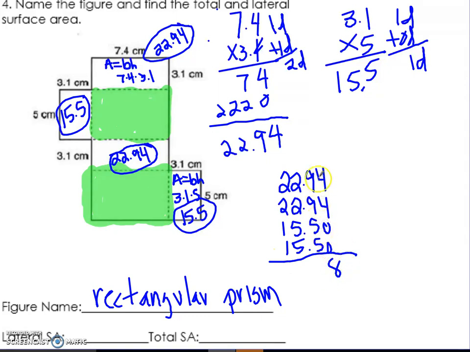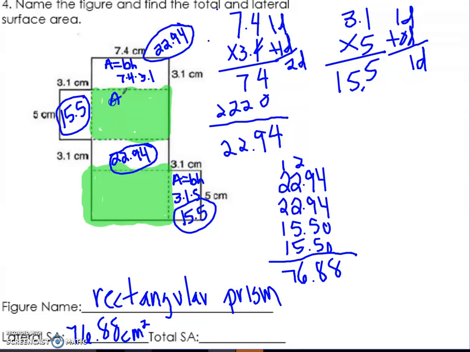We have 10 plus 18, which will get me 28. We have 10, 11, 12, 13, 14, 15, 16. We have 2, 4, 5, 6, 7. So the lateral is 76 and 88 hundredths.